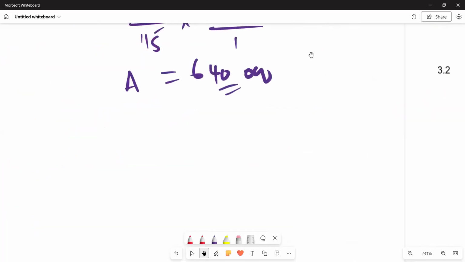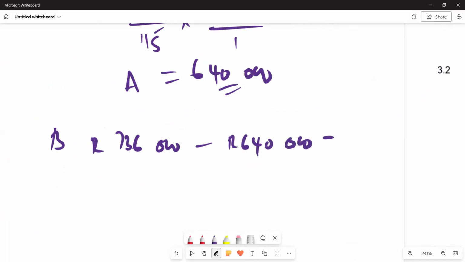In this case, our B is equal to 736,000 minus 640,000, representing your VAT exclusive. Then you get your answer, which is 96,000. So this is our B.